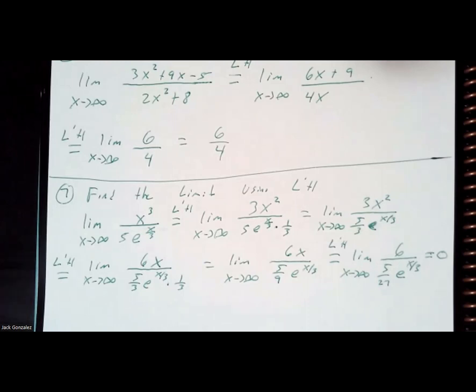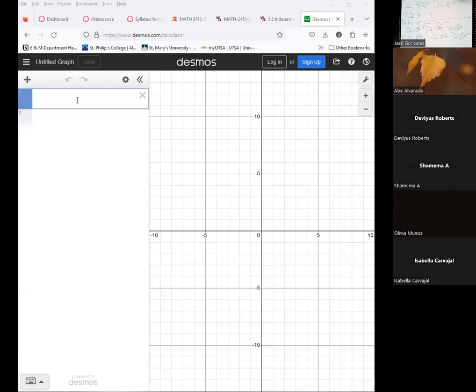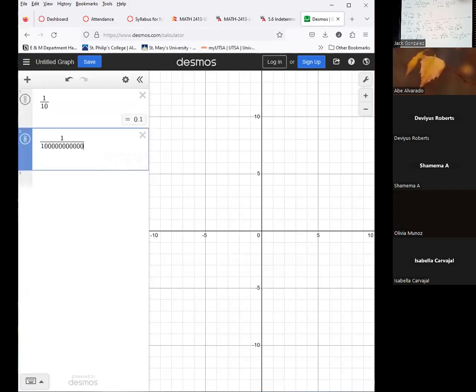I don't know if I understand this. Well, let's think about it. Let me show you on the calculator. You agree that 1 over 10 is 0.1, right? If I make the bottom even bigger, what's happening? It would be smaller, right? Yeah.